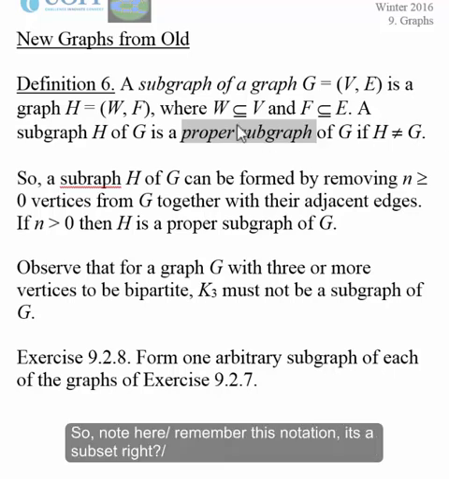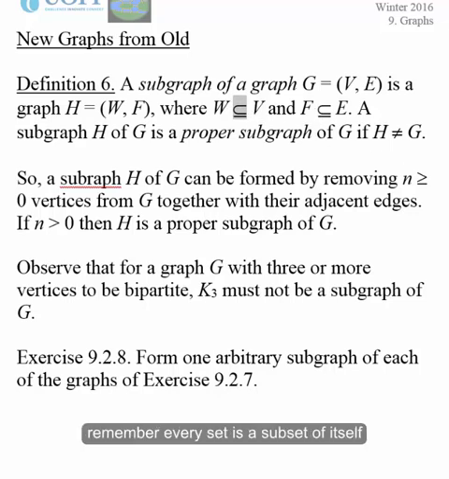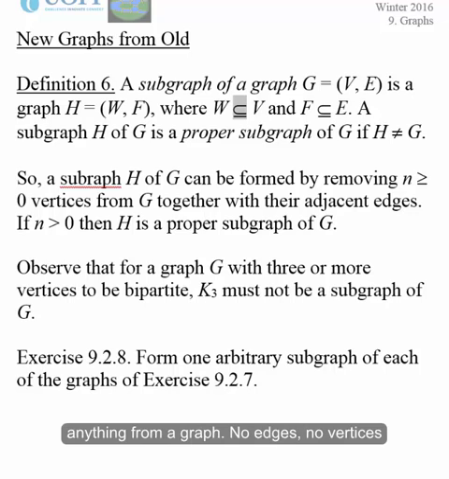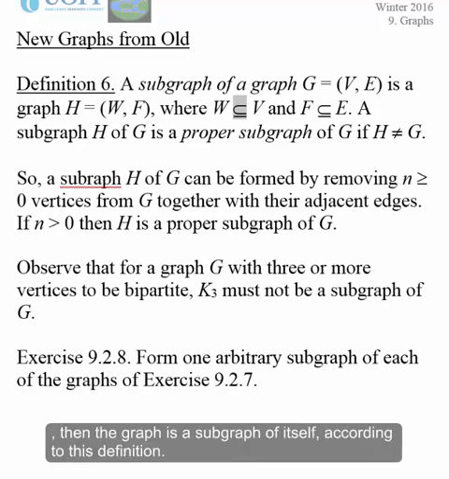So note here, remember this notation is a subset, right? So remember that every set is a subset of itself. So here, strictly speaking, if you don't remove anything from a graph, no edges or no vertices, then the graph is a subgraph of itself according to this definition.